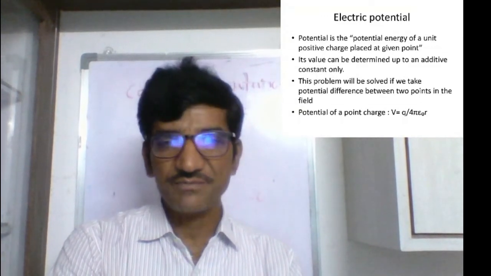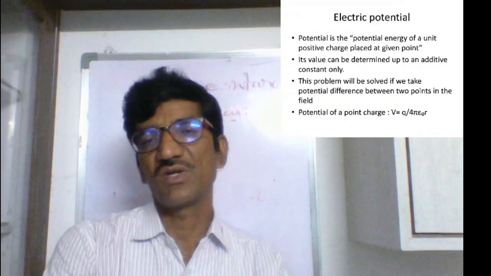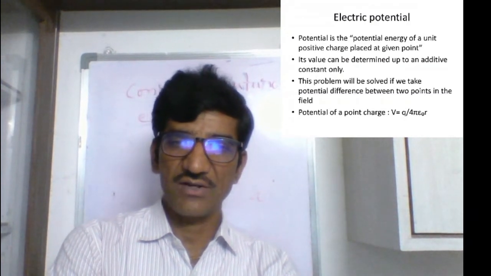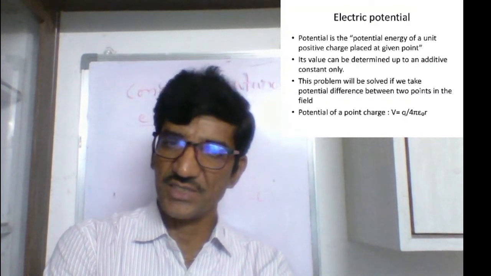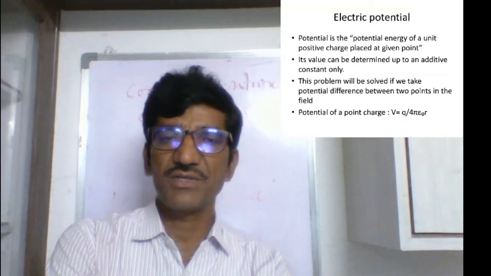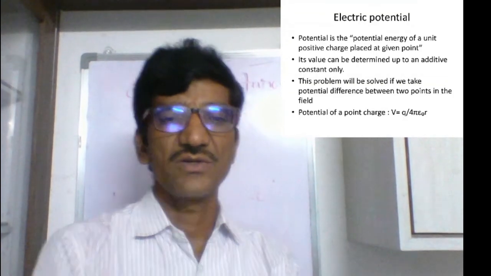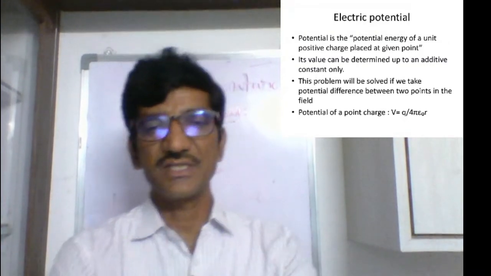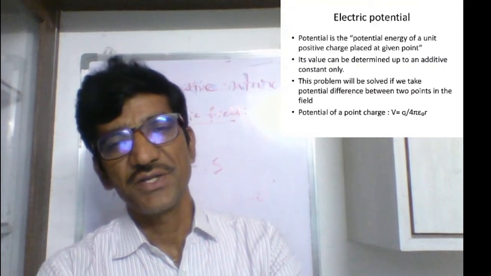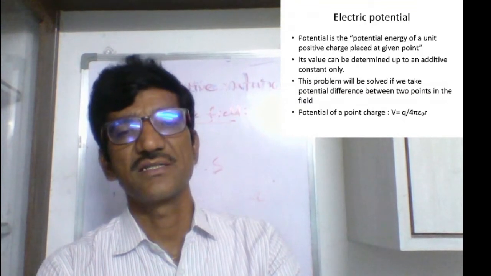Finally, what is the potential of a point charge? Potential, I already told you, means work, which is the integral of E dot dl. You have to integrate the electric field. Whenever you integrate the electric field formula of the point charge, you get minus the integral of E dot dr. Then instead of r squared in the denominator, you will get r.